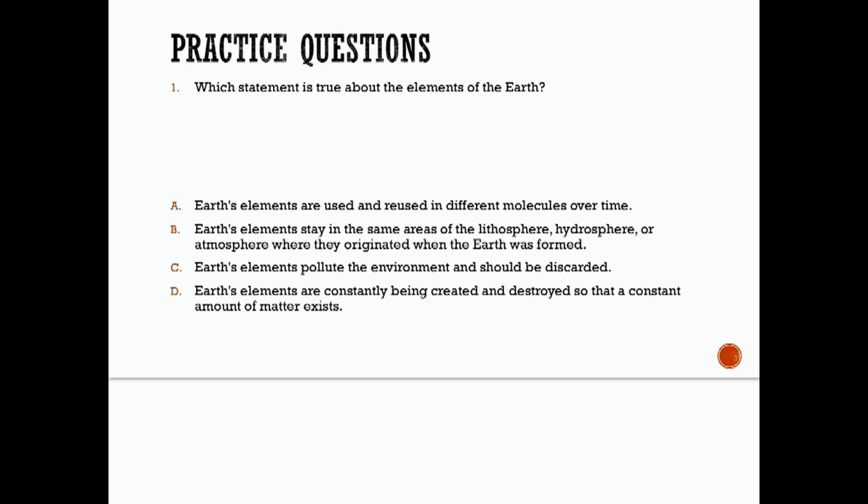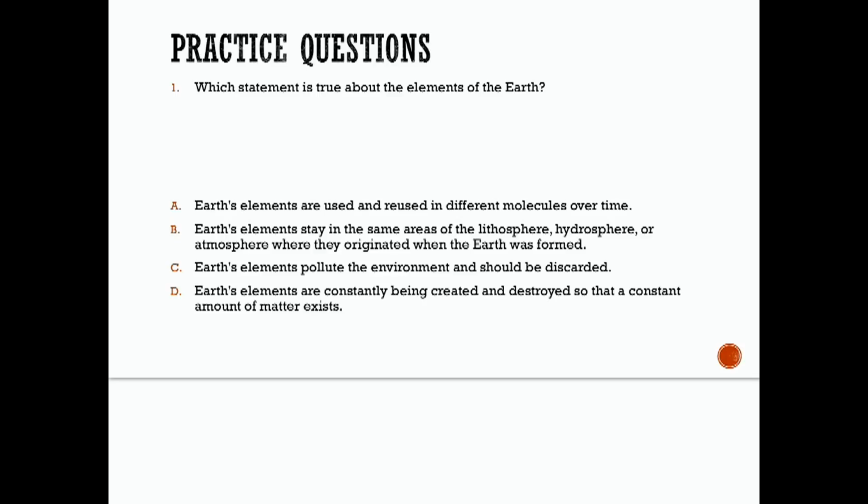Okay, let's practice. Number 1, which statement is true about the elements of the earth? Remember, elements are things like carbon, hydrogen, oxygen, the items in a periodic table. So go ahead and pause this and think about it on your own. So, the use and reuse of elements illustrates 2 principles of geology.